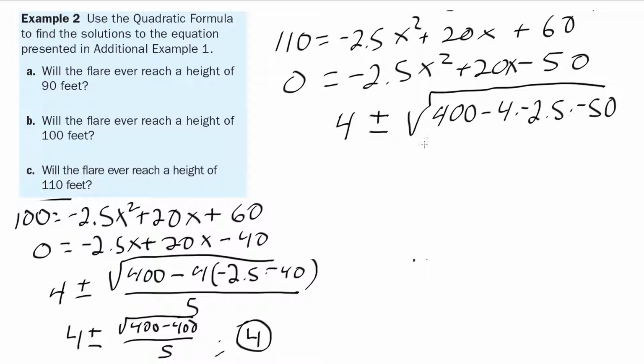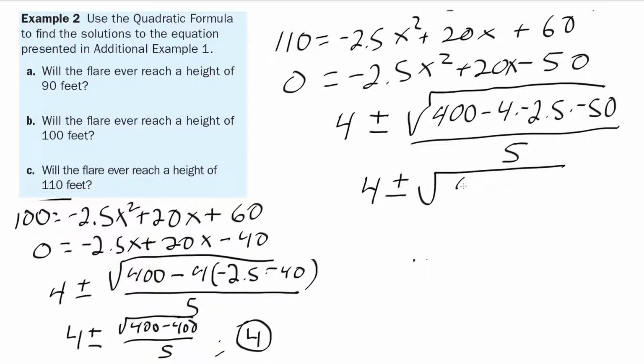Well, 4 times 2.5 is 10, and 10 times 50 is 500. So this becomes 4 plus or minus the square root of 400 minus 500, all over 5.